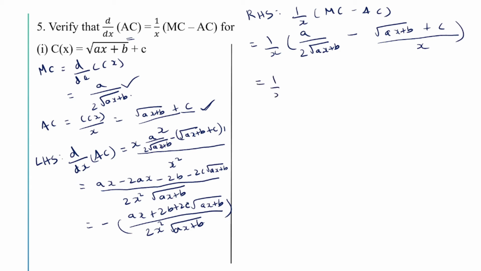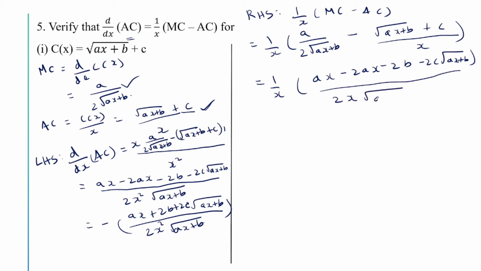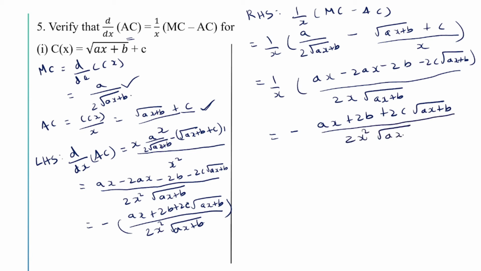So let us take LCM. Ax minus 2ax minus 2b minus 2c root of ax plus b divided by 2x into root of ax plus b. So this is equal to minus of ax plus 2b plus 2c root of ax plus b divided by 2x square into root of ax plus b.